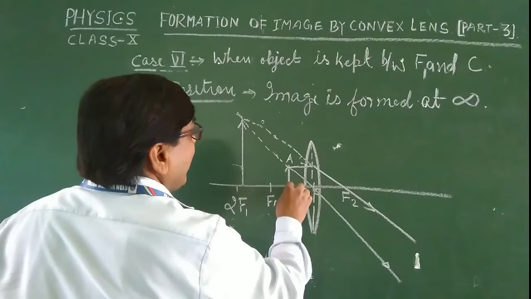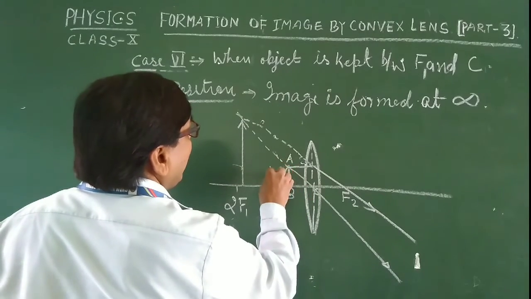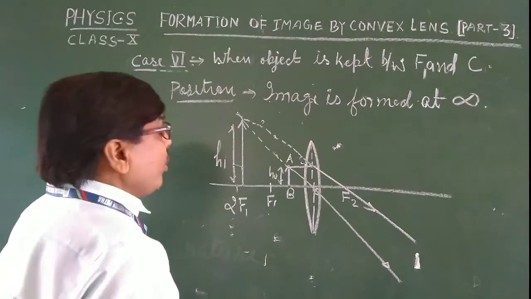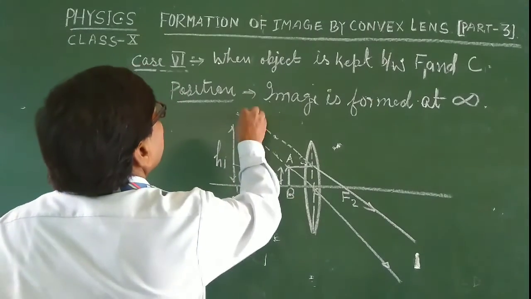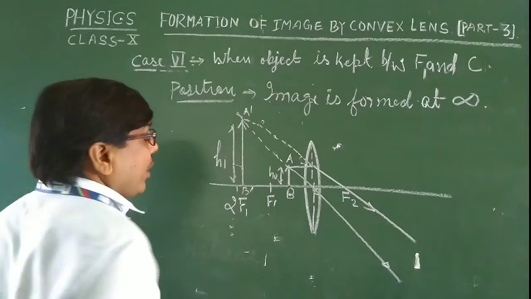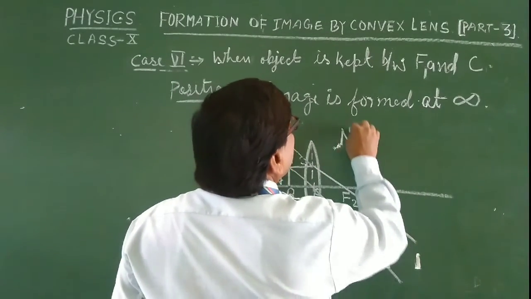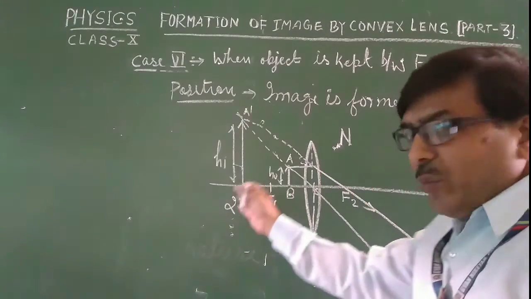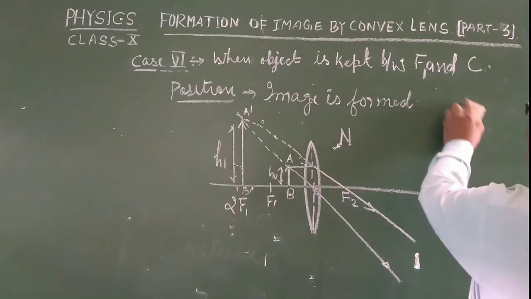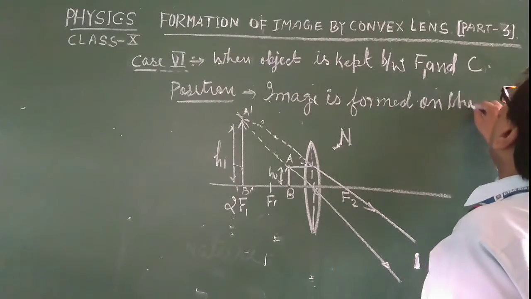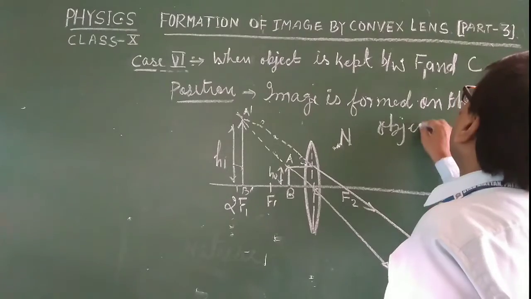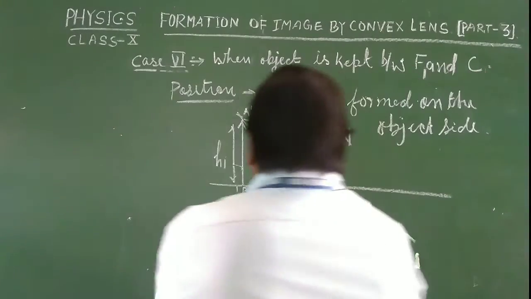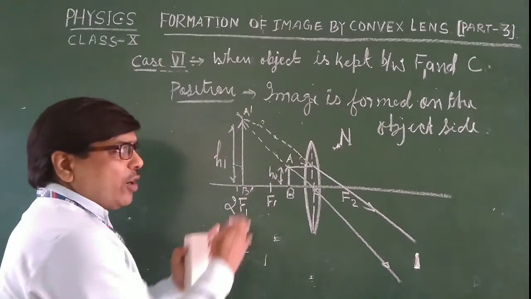This is the object AB, with height HO, and this is the height of the image HI, which is greater than the object's. This is A dash, B dash. The image is formed on the object side, on the left side of the lens.